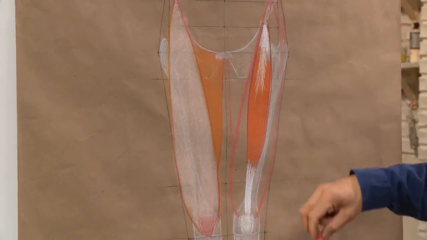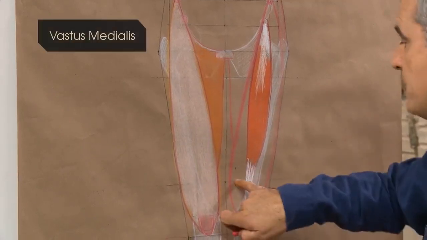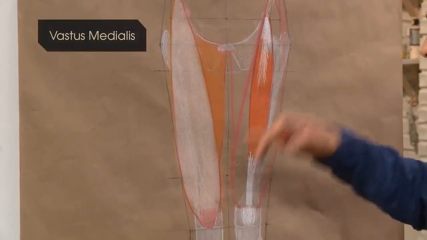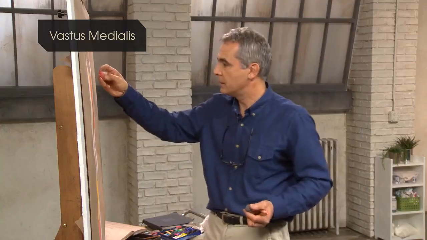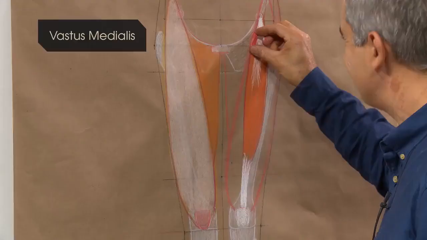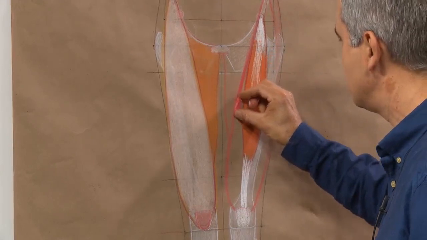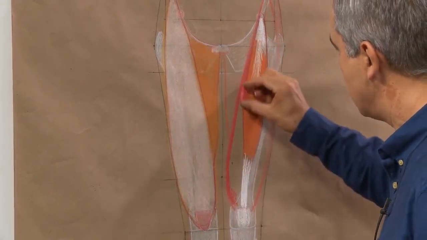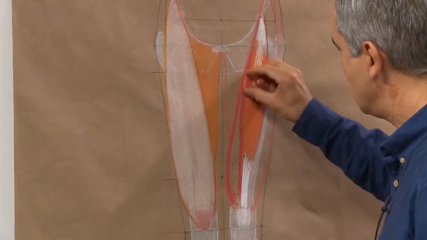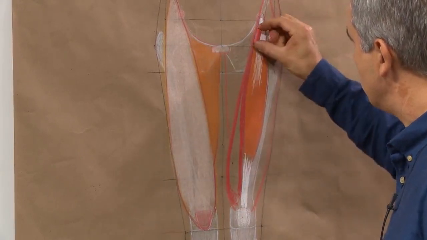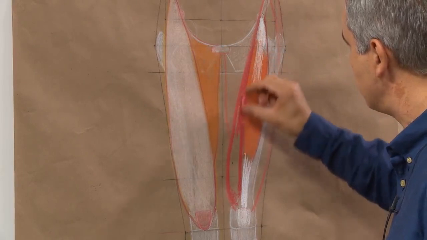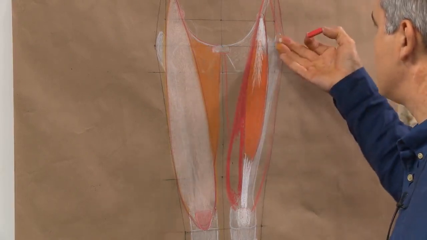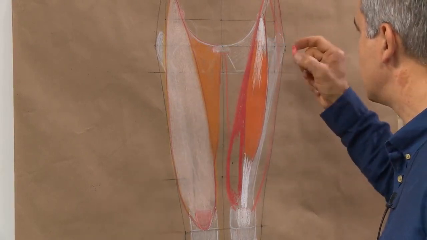So at this point, what I want to do is mark in the vastus medialis, the big one of the middle. Vastus medialis, that's what it means, the big one of the middle. You know, maybe we shouldn't translate them, it takes the mystery away from them. But the big one of the middle, here it is, okay? It will appear from right behind this muscle here.